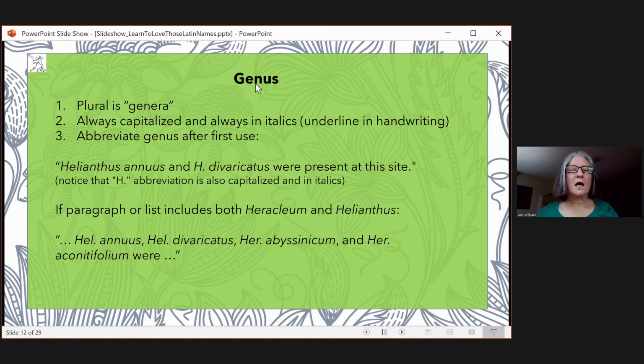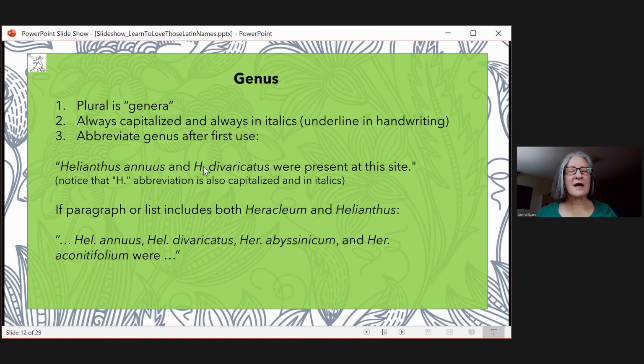Okay, the plural of genus is genera. So if you want to sound literate, you could say I have one genus of this and three genera of that. I mentioned always capitalized, always in italics. And here's how you abbreviate the genus after the first use. Helianthus annuus and H. divaricatus were present at this site.